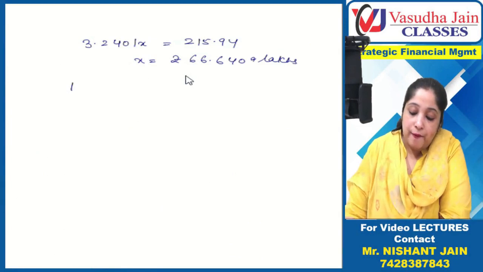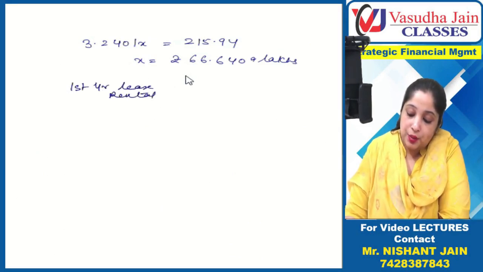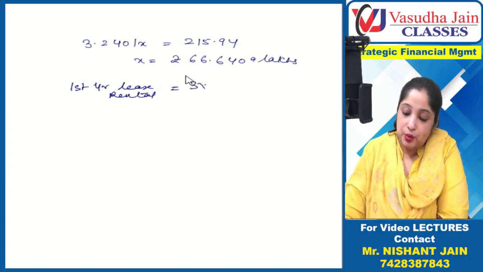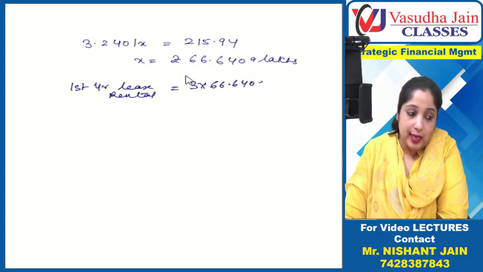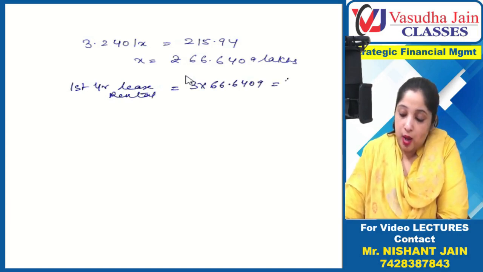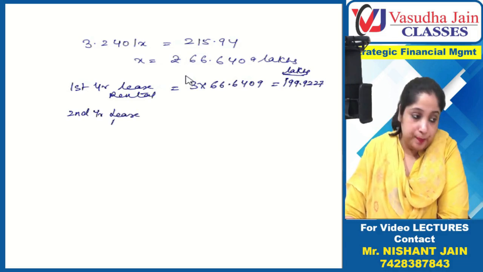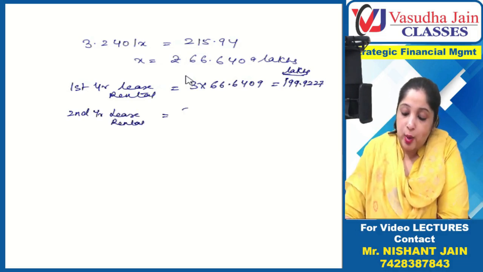So basically first year lease rental is 3x, right? So 3 into 66.6409 lakh. This is coming out to be 199.9227 lakhs. Then second year lease rental is going to be how much? 2x, 2 into 66.6409.